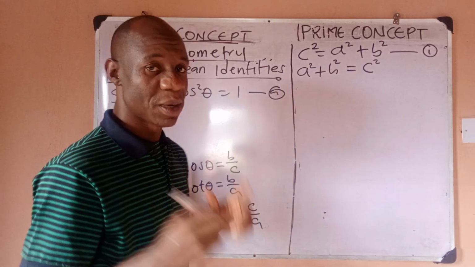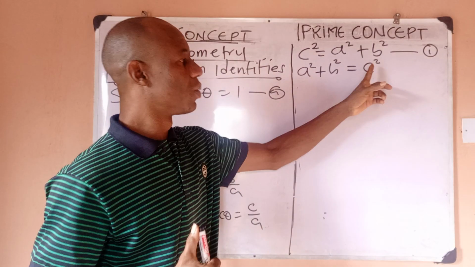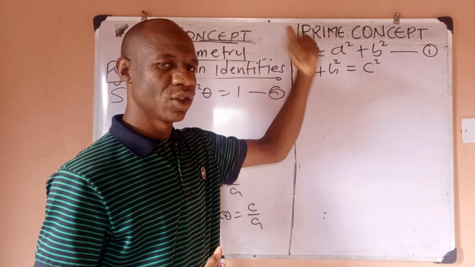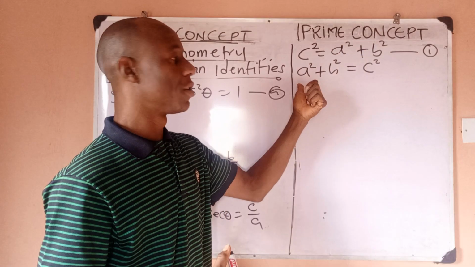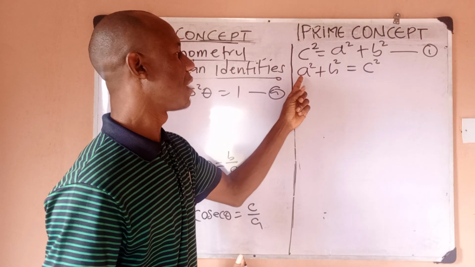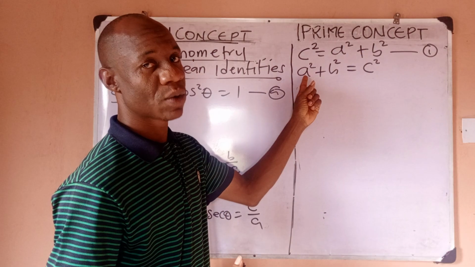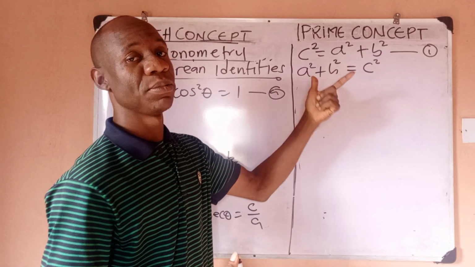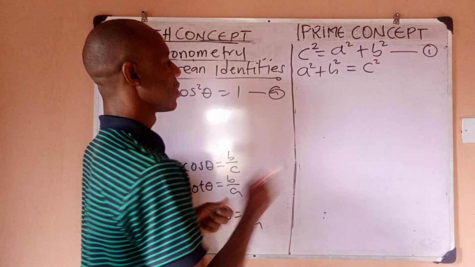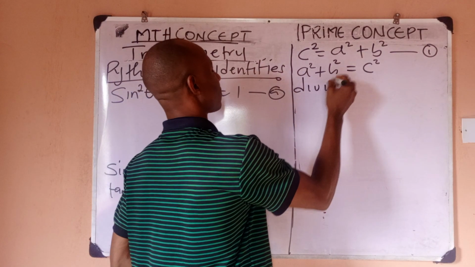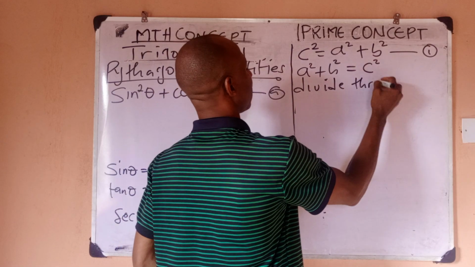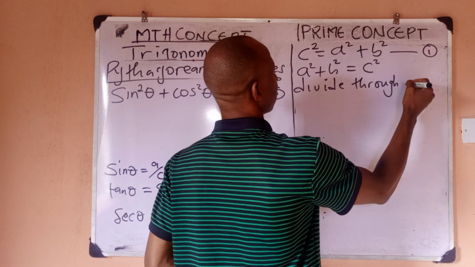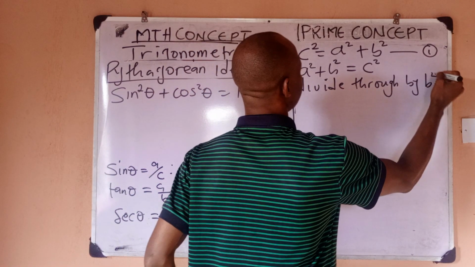And this time around, remember the first case, what did we do? We divided through by c². So I'm going to pick some other variable now to do so. I'm going to divide through, in this case, maybe by a², and then the last one will divide by b². So we'll just repeat this. So I'm going to divide through by b².